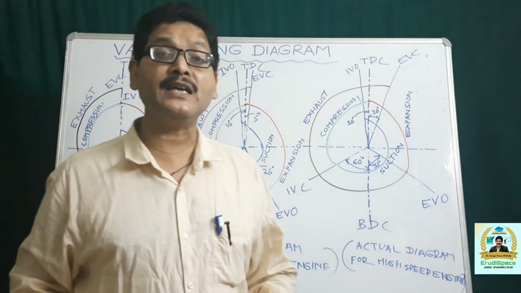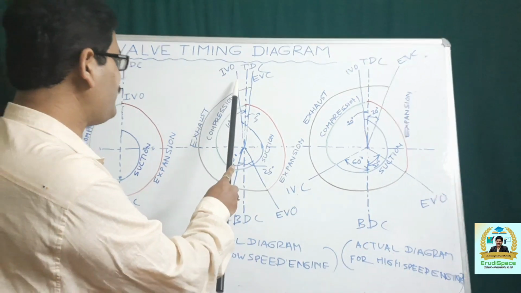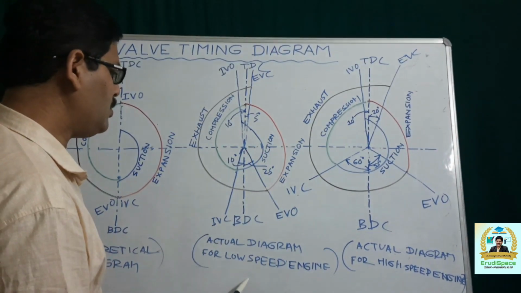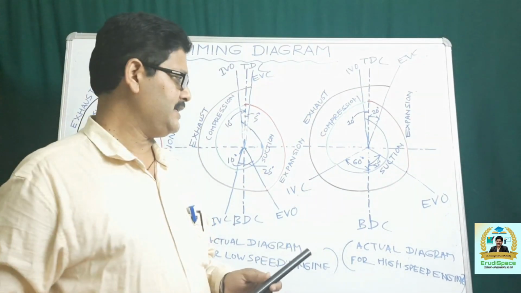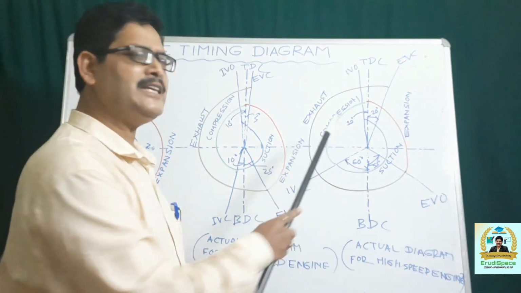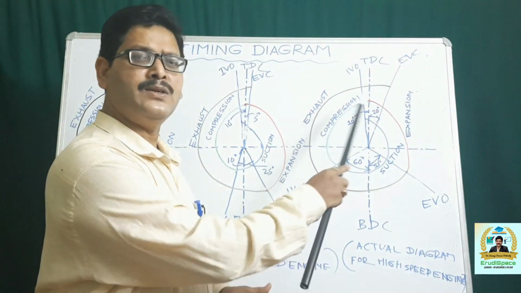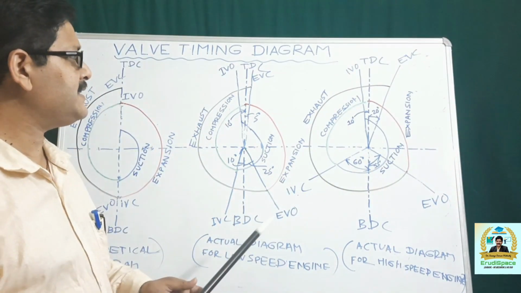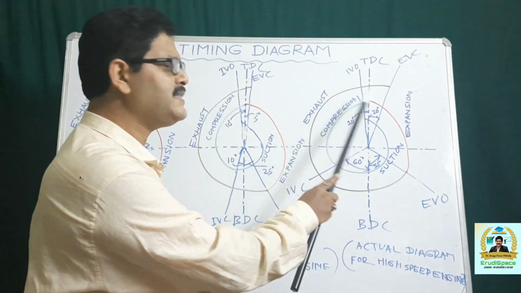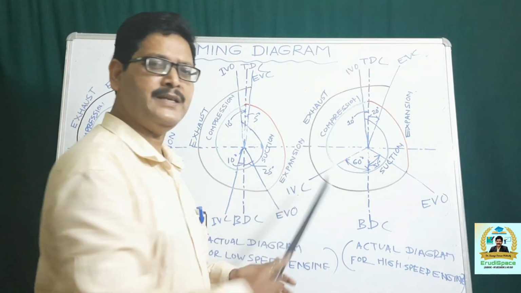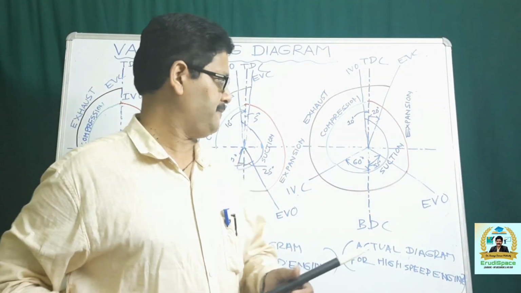So you will not have full scale admission of the charge. And you do have different angles for low speed and high speed engine. And this is due to the fact that when it comes to the high speed engine, the movement is very fast. So for that reason, some more angle is to be given so that it will compensate for the high speed. And by the time it reaches the TDC, it will be completely in open position.